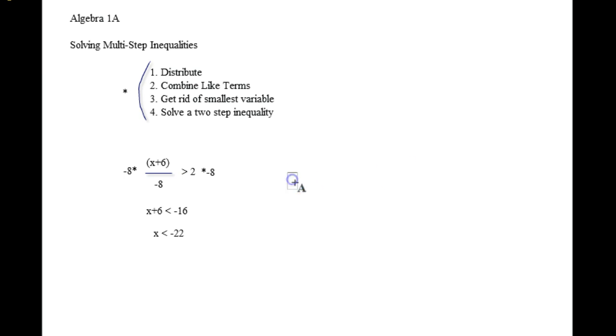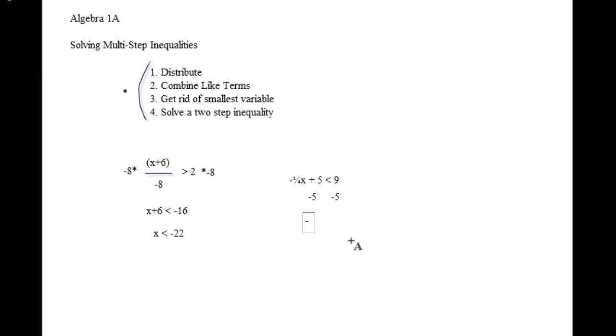So if for example, we had negative 1/4 x plus 5 is less than 9. Okay, let's say we had something like that and we minused 5 from both sides, because that's the first step.